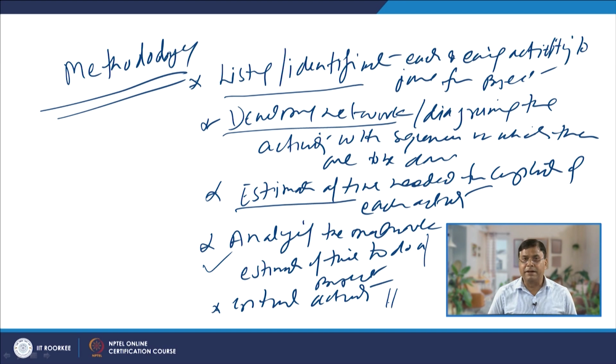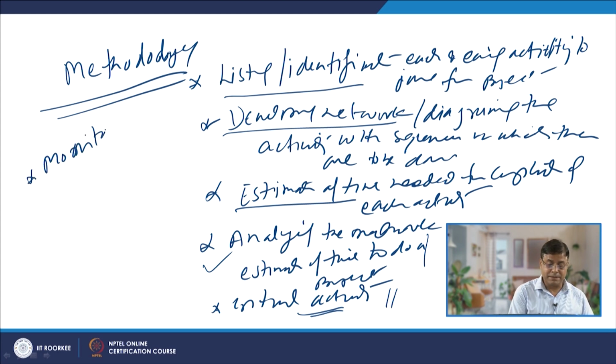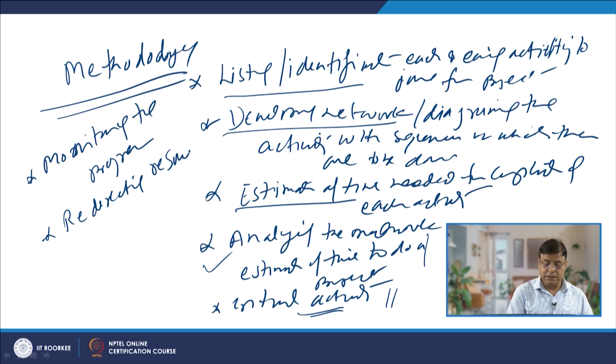And if the project period is to be reduced, then those activities need to be crashed by putting in additional resources, so that the time required for those critical activities can be reduced. And thereafter, monitoring the progress, and wherever required as per the need, redirecting the resources, so that the project can be completed well in time.